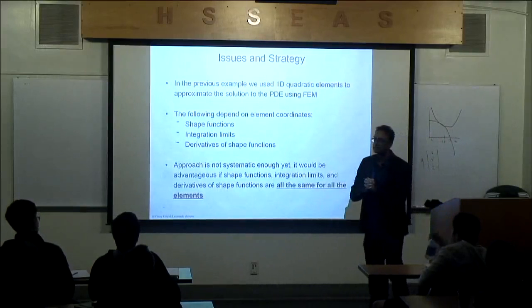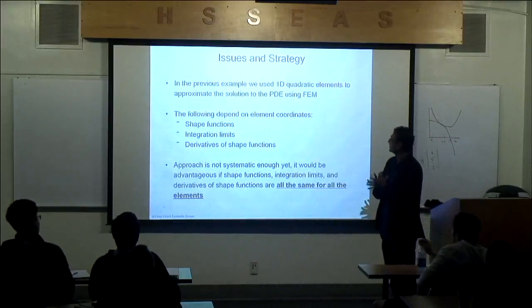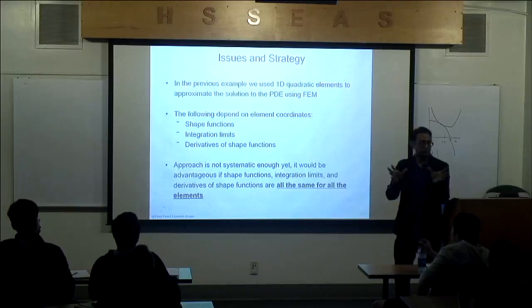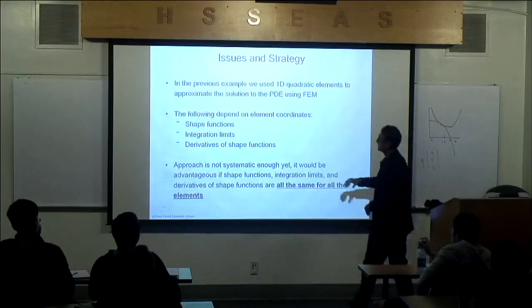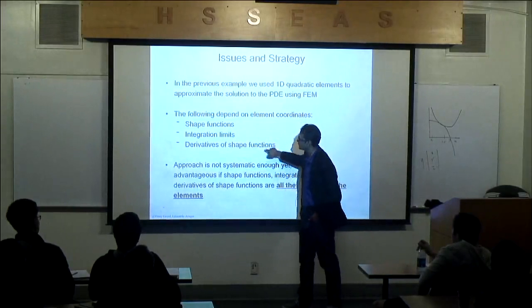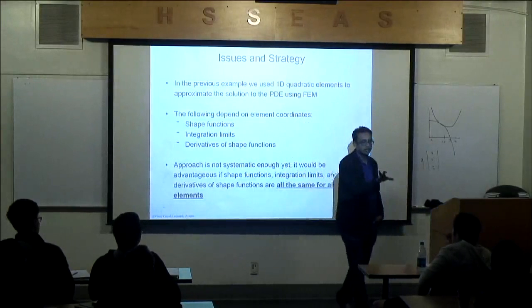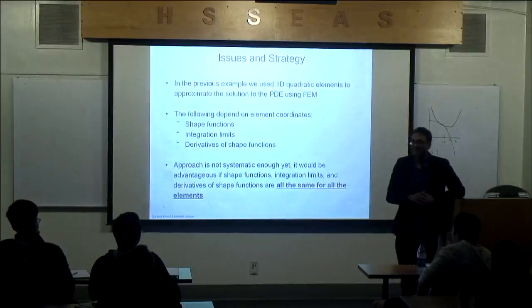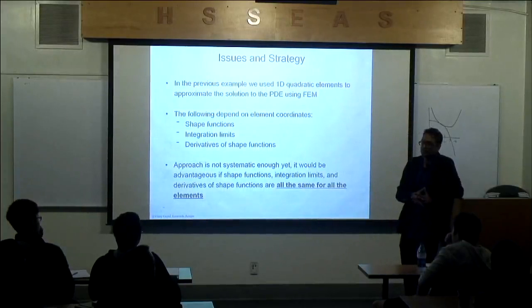So what is the issue? In the previous example we discussed with the two elements, these shape functions, integration limits, and the derivatives of these shape functions change from element to element. Okay, that's not convenient. That's not very advantageous.